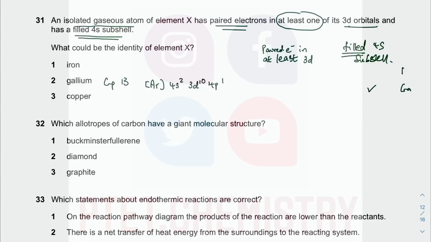So gallium, iron, and copper, we are referring to the atom, yeah? And how about paired electrons in the 3d? As I mentioned, they have completely paired electrons in at least one of the 3d orbitals. Here it is paired in all the 3d orbitals, yeah? How about iron? Looking at the periodic table, iron is argon, 4s2 for potassium and calcium.